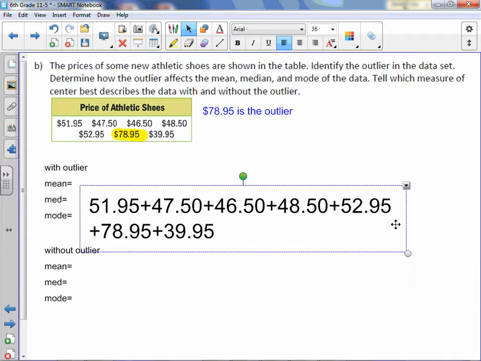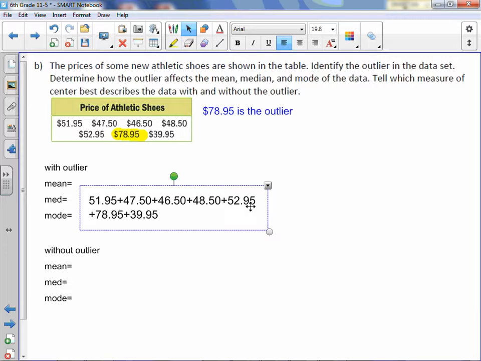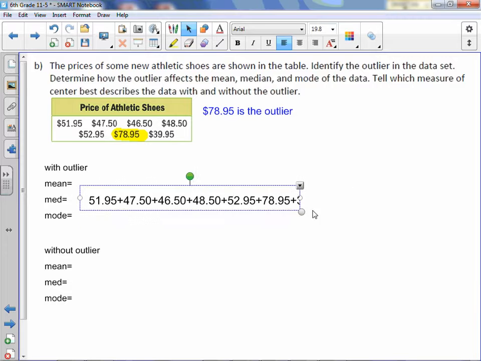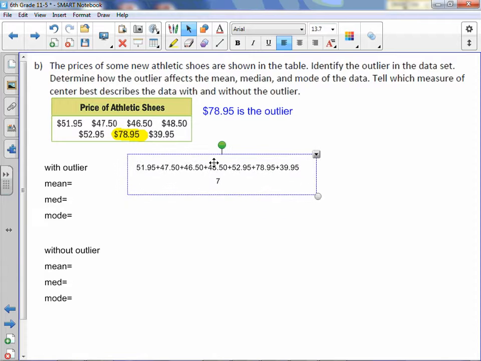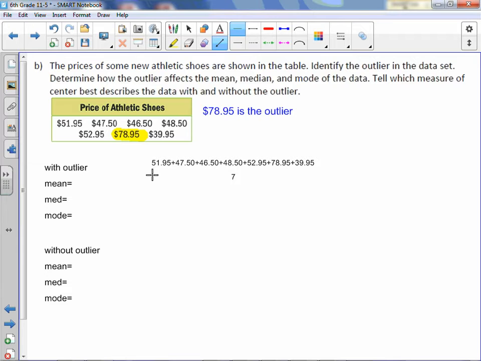Let's make this a little smaller so it's one line. There are 7 values, so we're going to divide this by 7. When we do that calculation, we end up with a mean of 52.33.